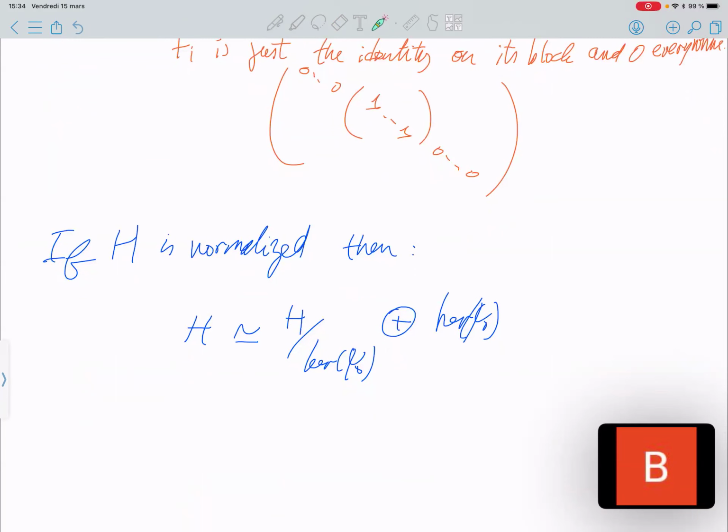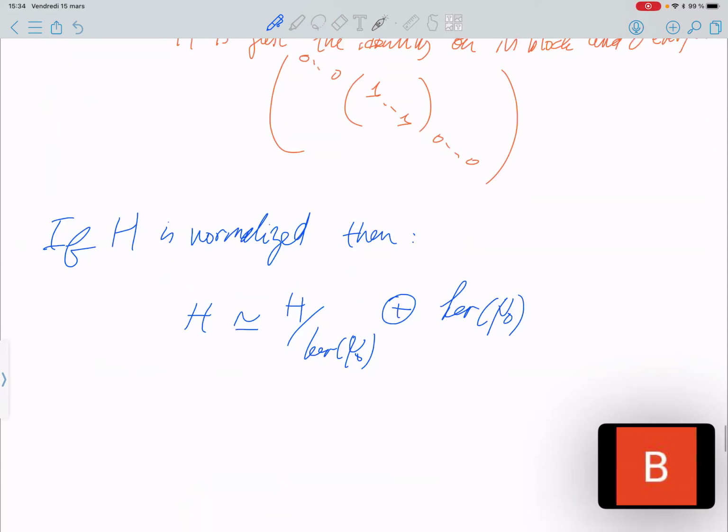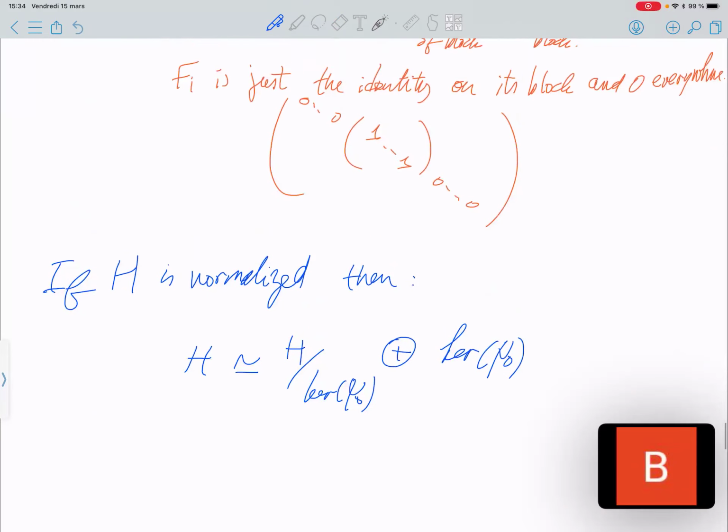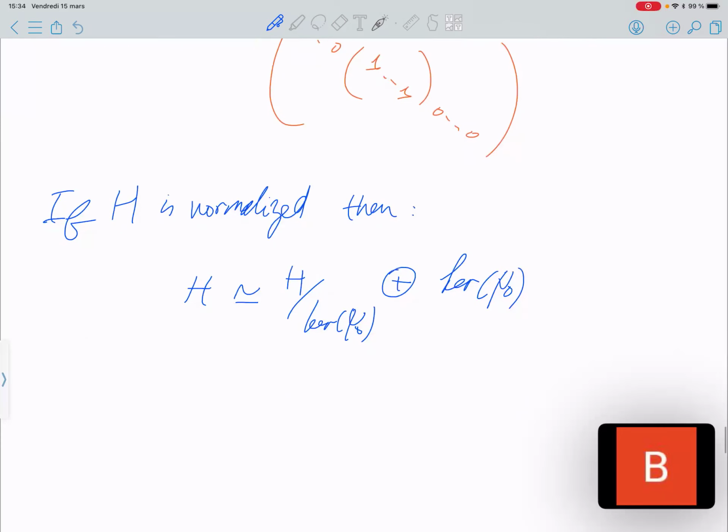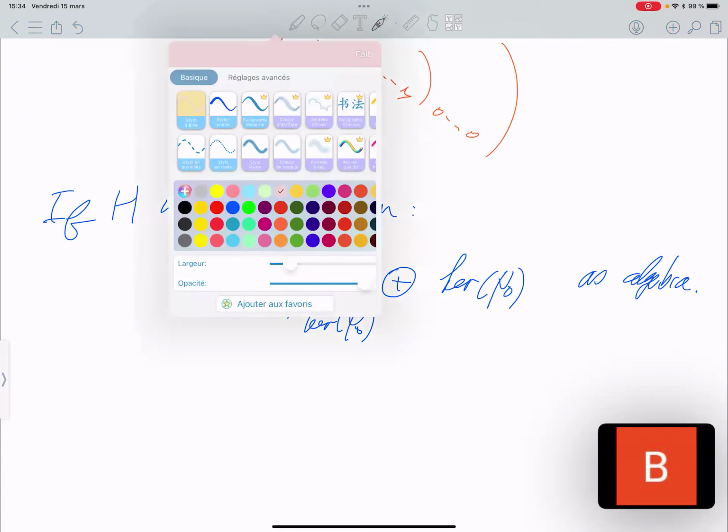So this is a well-known result at the vector space level. You have a linear map, and it's a finite dimensional algebra.